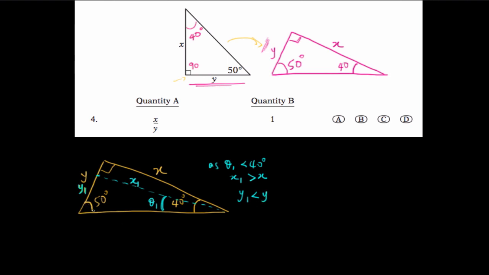The 50 degree angle remains the same, but the more we reduce the angle, the side that corresponds to the reduced angle increases.